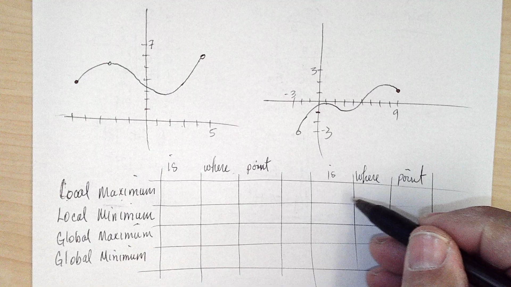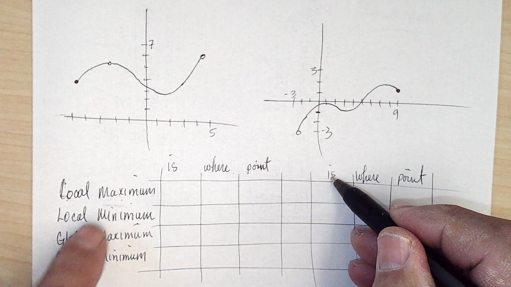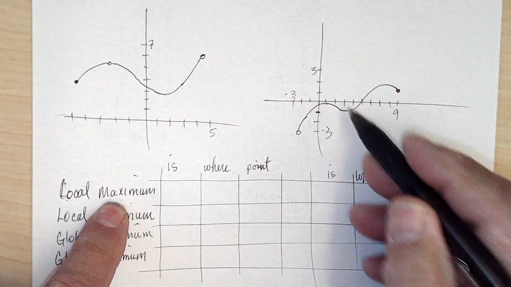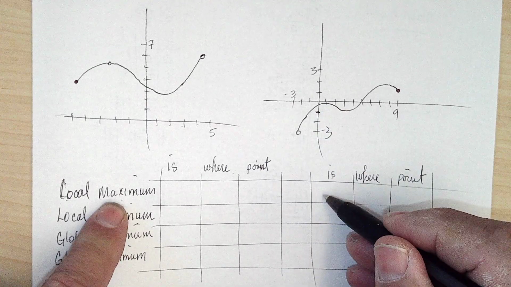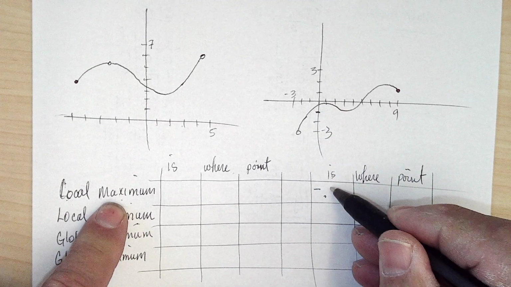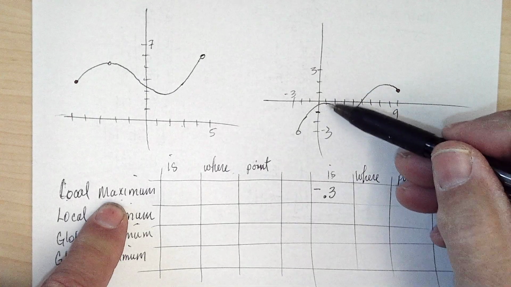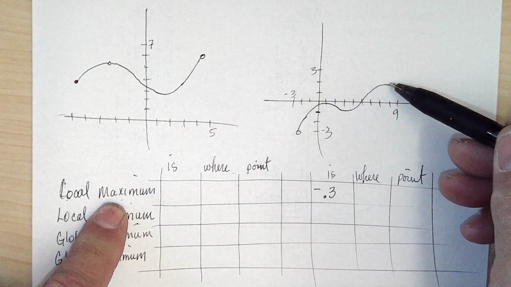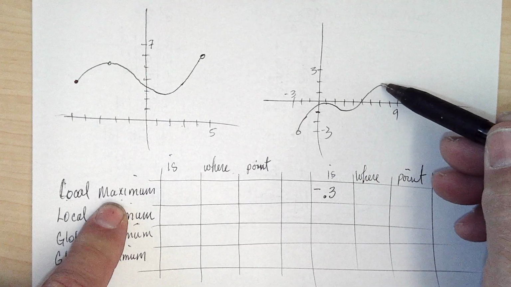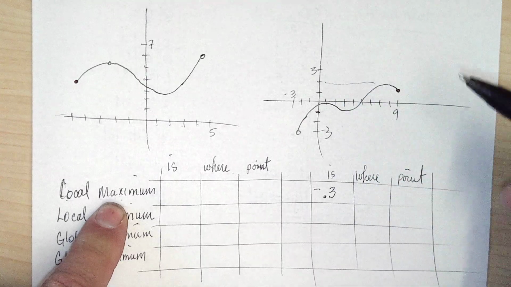So what is the local max? It is negative 0.3. Now there's another place where it's highest in its neighborhood right here, and it looks like it's about 2.